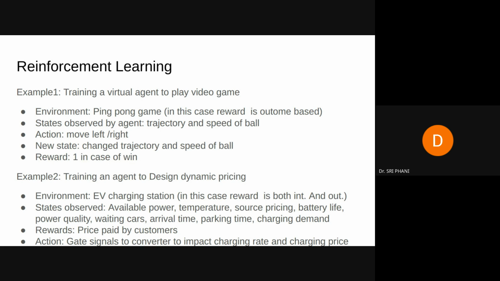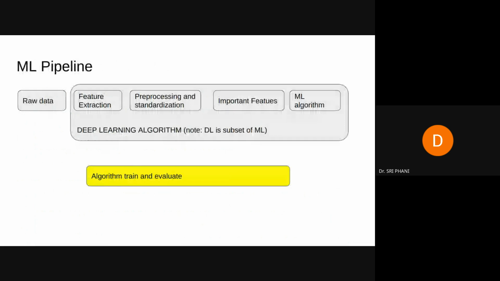Within one week, how many megawatts can be given, there will be a bidding process. For the coming week I will give this many megawatts per day, and I am going to charge this much. This bidding process can be optimized with the help of dynamic pricing, where again DRL will come into play.